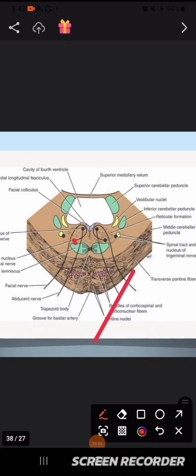The axons of the facial nucleus wind around the abducens nucleus to form an elevation in the posterior aspect of the pons known as the facial colliculus. The abducens nucleus supplies the lateral rectus muscle.